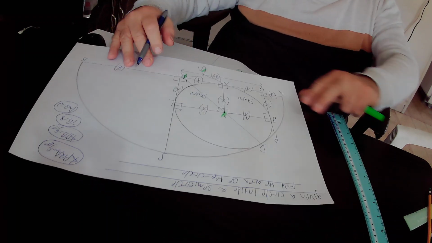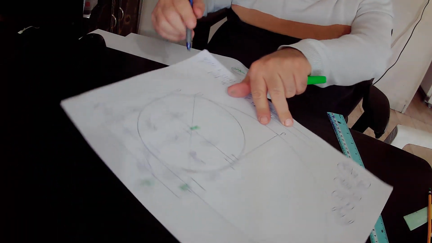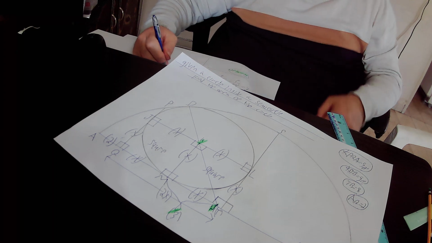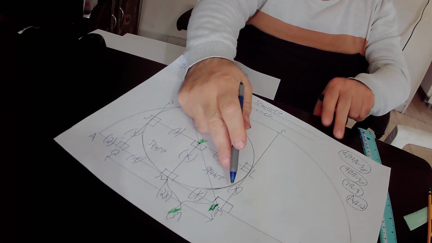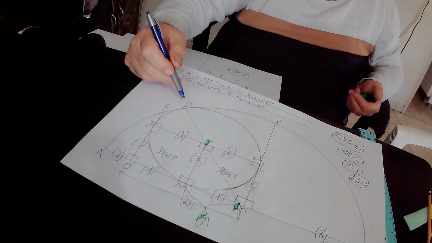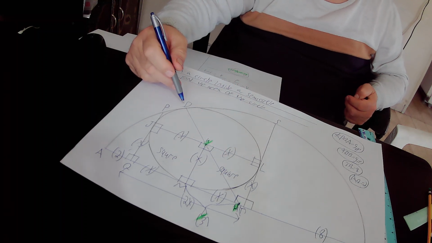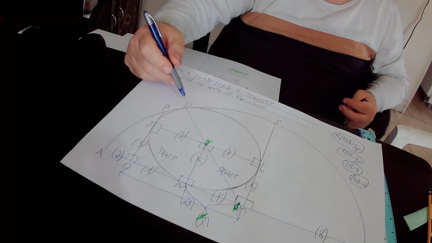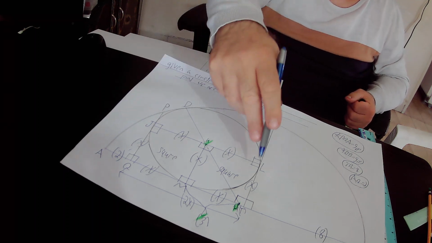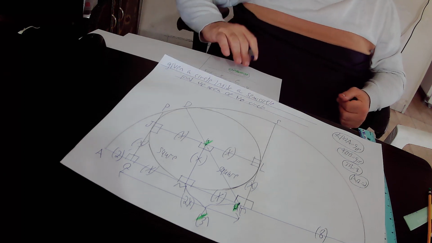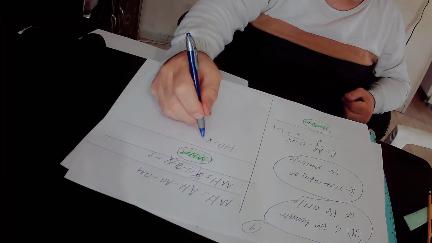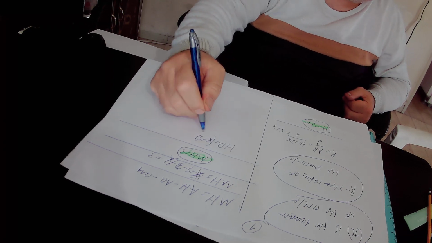The side line HD starts from point H, that is the center of the semicircle, and ends at point D, that is the point of the semicircle itself. So this is exactly the definition of a radius. Therefore, HD is the radius of this semicircle that is equal to x plus 5.